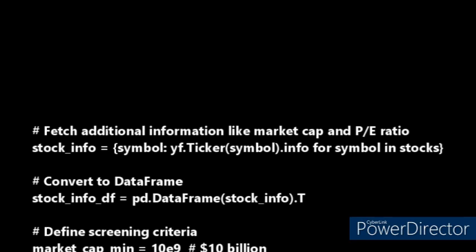Then apply criteria. screened_stocks = stock_info_df[(stock_info_df['marketCap'] > market_cap_min) & (stock_info_df['trailingPE'] < pe_ratio_max)]. Print screened stocks.